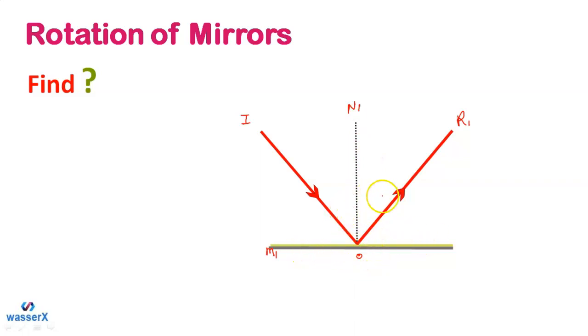The angle of incidence and the angle of reflection are equal. Let's take the angle of incidence here as 30 degrees. Following the law of reflection, the angle of reflection will also be 30 degrees. So it is 30 degrees each, okay students.